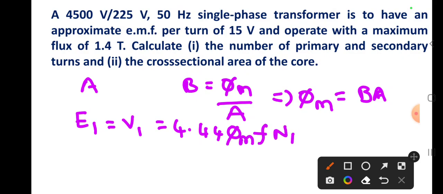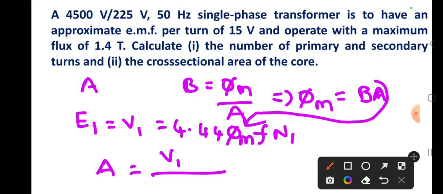Then in the place of phi m I can replace with BA. Then A is equal to V1 by 4.44 B F N1.